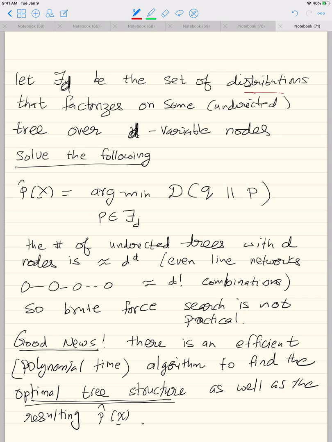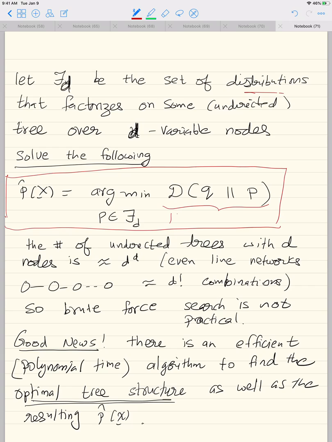What we want to do is solve this problem. We want to find the distribution P that is closest to Q in the sense of the Kullback-Leibler divergence that we have discussed before, and P has the constraint that it should be factorizing with respect to some tree consisting of the D variable nodes. In other words, it should be in the set F_D.